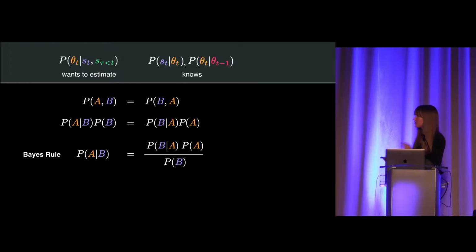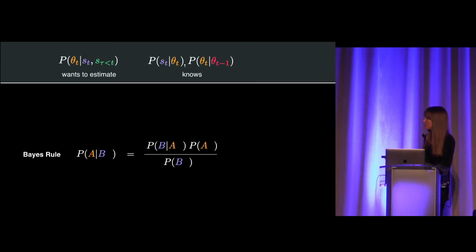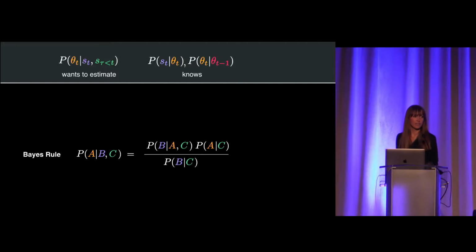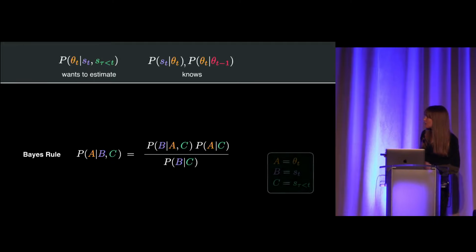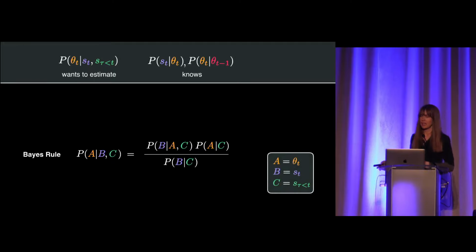This is for two variables. If we have three variables, we can generalize this expression. So now if we have probability of A given B and C, we can write this in terms of probability distributions over those same three variables. So now, given that I've written it like this, we can substitute back in things that we care about.